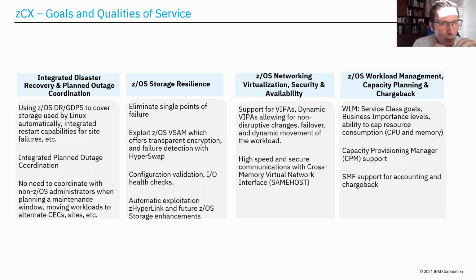When I need to move my ZCX over to another system, so that I can apply maintenance to one of our systems and still have the same amount of ZCX servers running, I can do that fairly non-disruptively using DVIPA technology, where the dynamic virtual IP address moves to that other system in a very dynamic fashion.